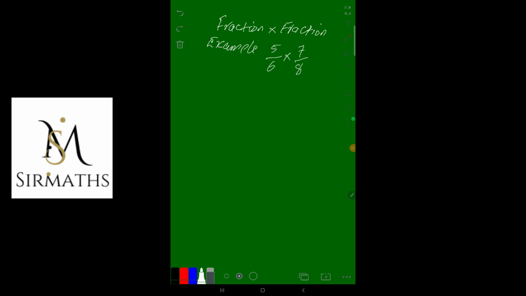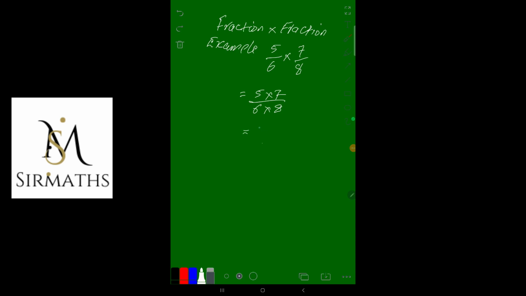So when multiplying a fraction with a fraction, the numerator will multiply the numerator. That's the numerator of the first fraction. We multiply the numerator of the second fraction, and the same thing will happen to the denominator. So we now have here 5 times 7 over 6 times 8.